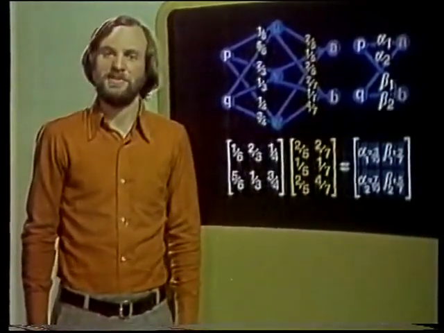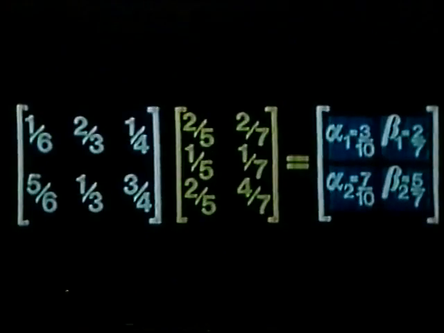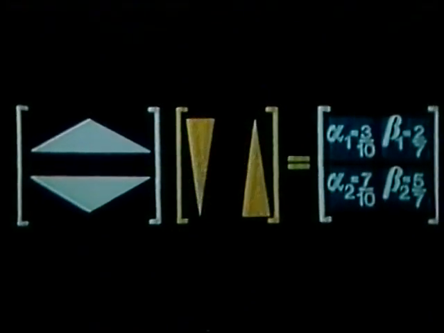So let's get rid of the numbers and concentrate on the pattern of matrix multiplication. We take the left-hand matrix and think of it as being made up of two rows of numbers. And we consider the right-hand matrix as being made up of two columns.